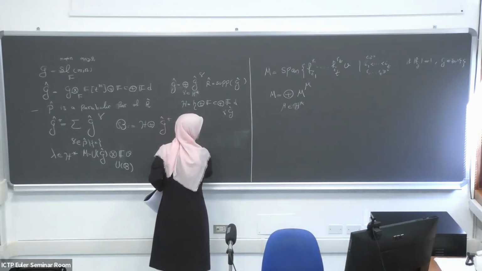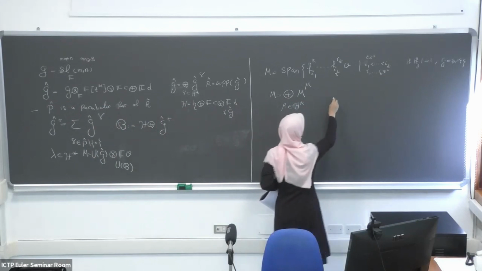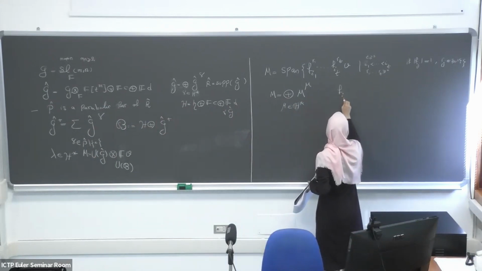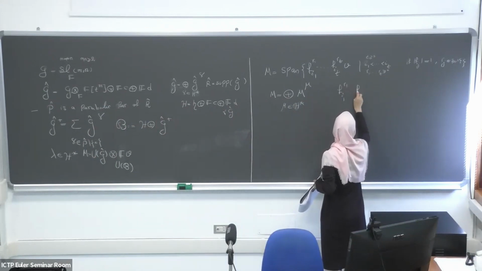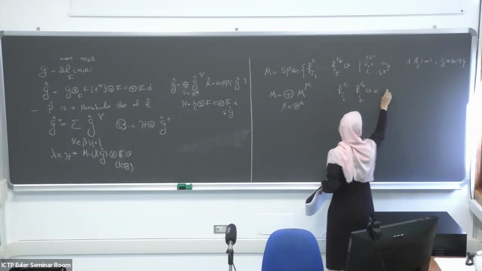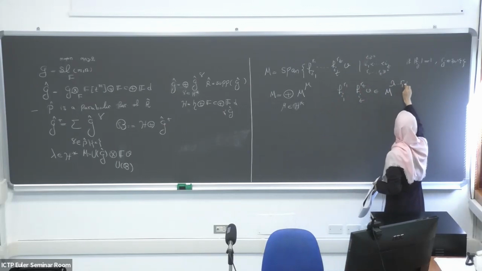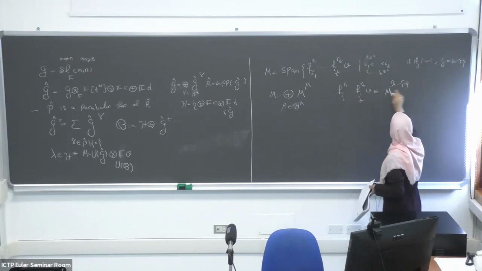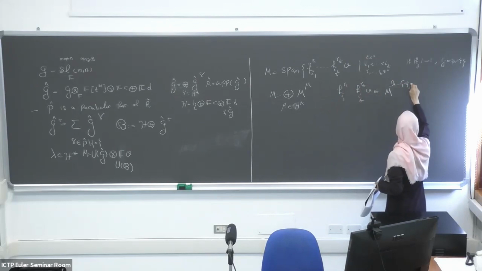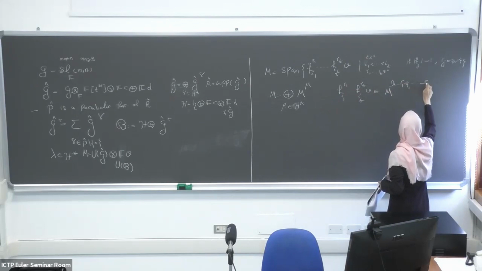And we prove that Fi1 R1 ... FiT RT B is an element of M lambda minus R1 alpha i1 minus ... minus RT alpha iT.